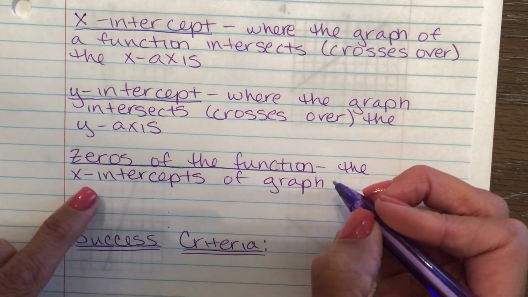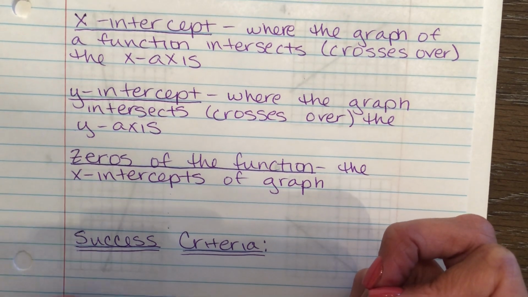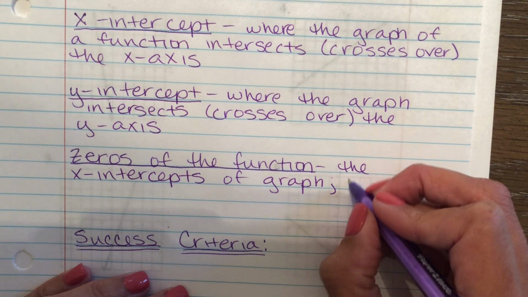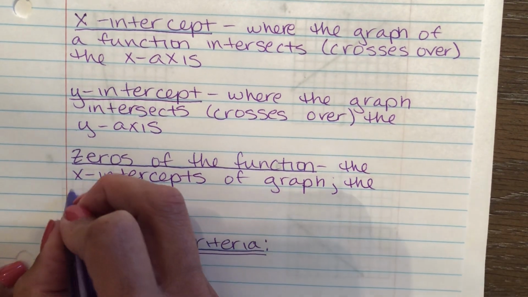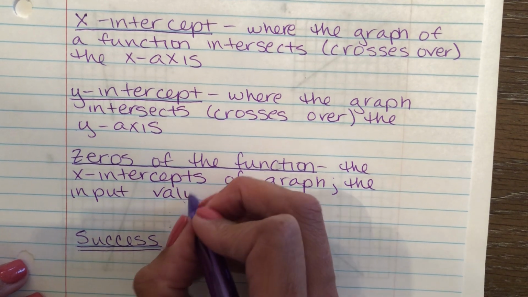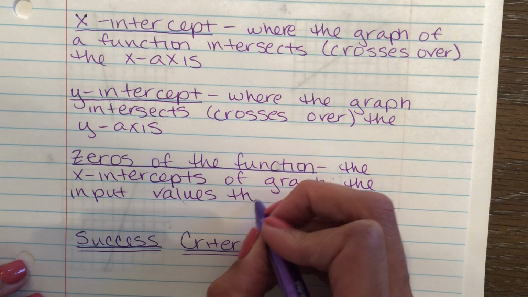So specifically the x-intercepts would be the zeros of the function. Or you could say the input values that result in a function output of 0.